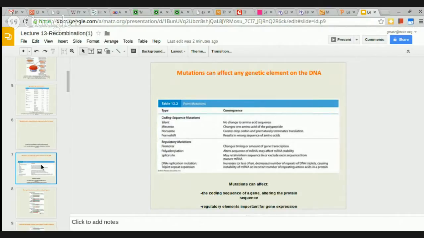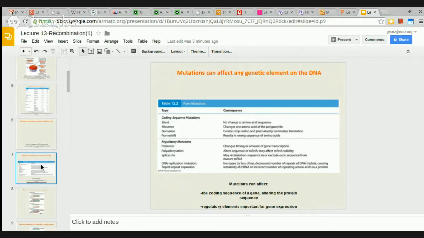And finally, we're going to end with a discussion of DNA repair pathways. So when mutations arise in the genome, there are a number of different pathways that, first of all, sense the defect or the damage, and specific pathways will be induced by specific types of damage, and these pathways are induced and lead to the repair of the damage.